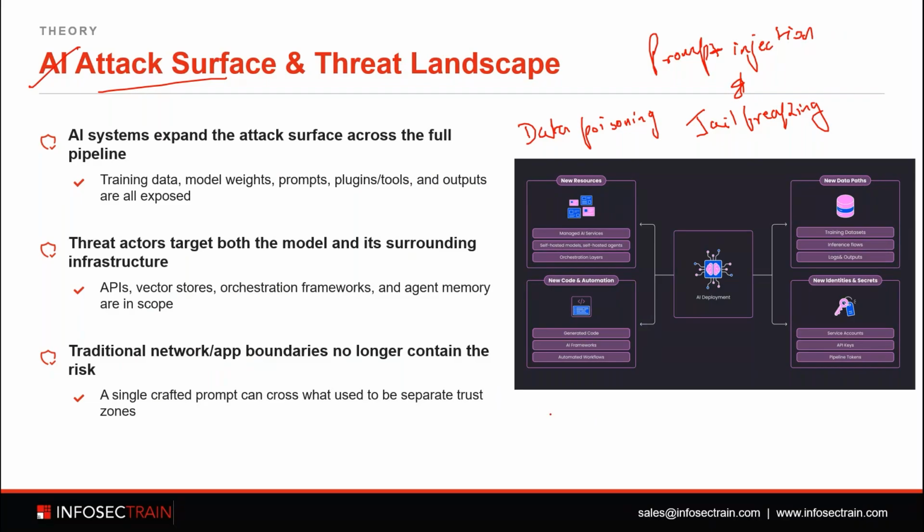So if I have given an image of a dog and rather than labeling that image as a dog, I label it as cat. And in the last example, I told you that we have given 200 images of dog.